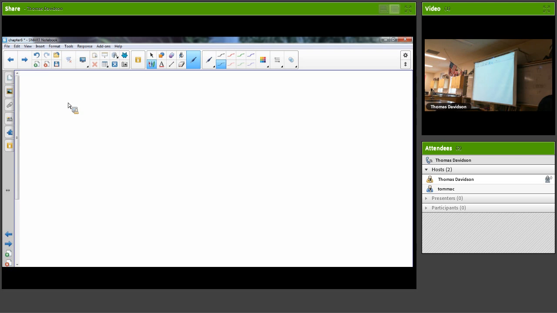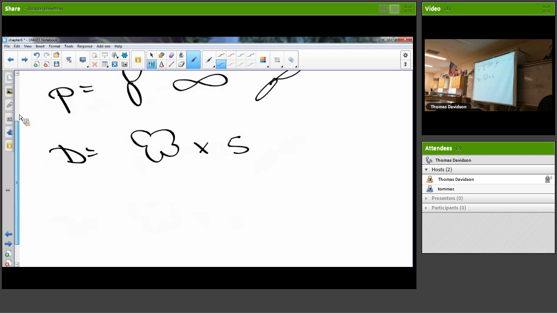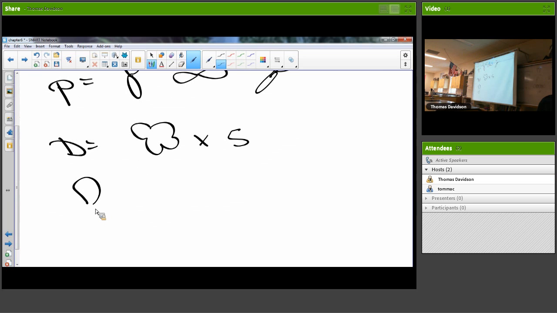Okay, so first off, S is just spheres, right? A P, there was one of these, one of those, and one of those, right? And then a D, it looked like, whatever, that looks like a popcorn kernel. And we said there was 5 of those, right? And then F looked like that, and there was 7 of them.